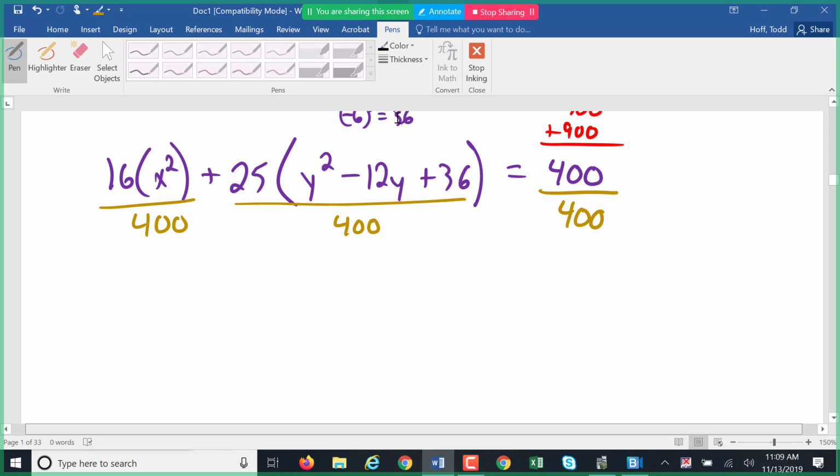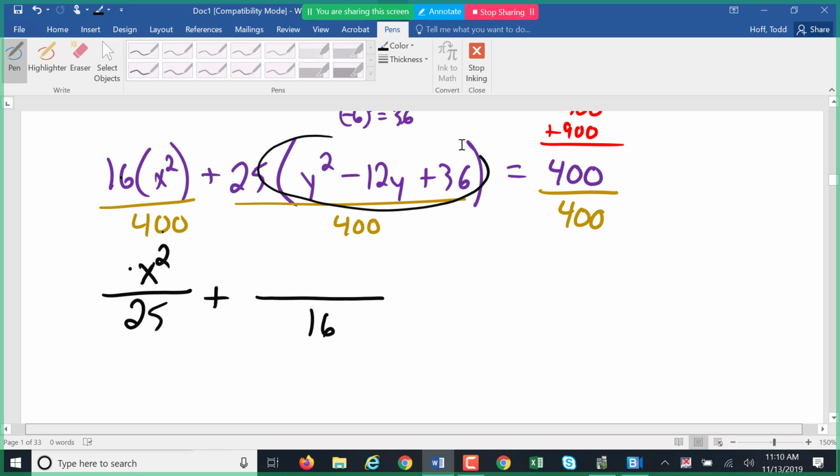Now, 16 and 400 reduce to 1 over 25. The x squared, nothing to do with that. For the y's, 25 over 400 reduces to 1 over 16.